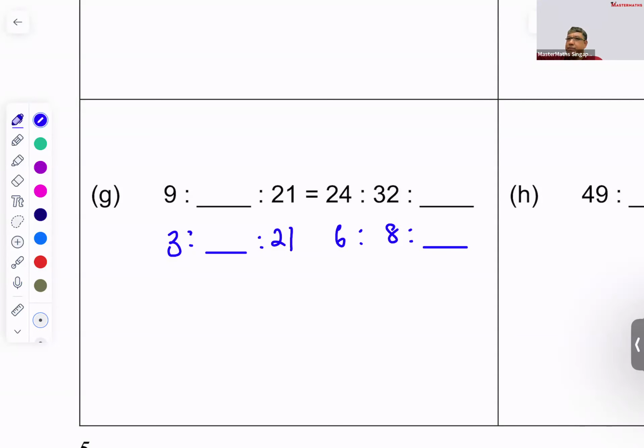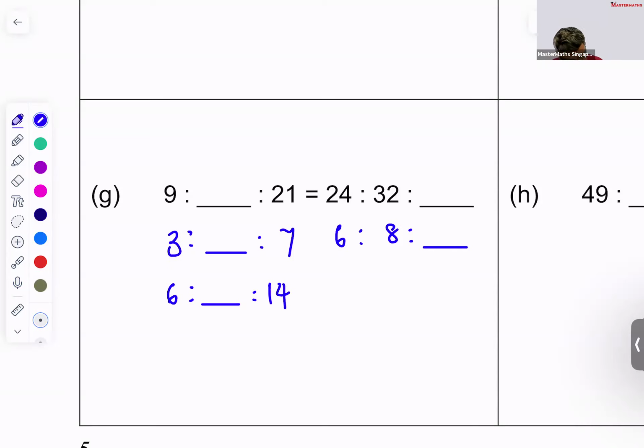Can you multiply this left-hand side by 2? Everything multiply by 2. Which one? Oh, yeah, sorry, 7, not 21. Everything multiplied by 2. Next line. This thing, everything multiplied by 2. So 3 times 2, 6. 7 times 2, 14.